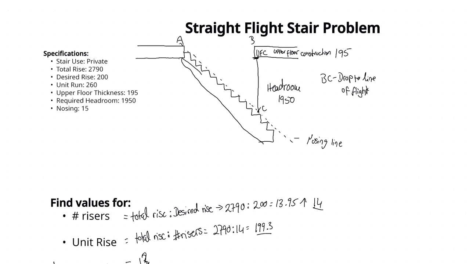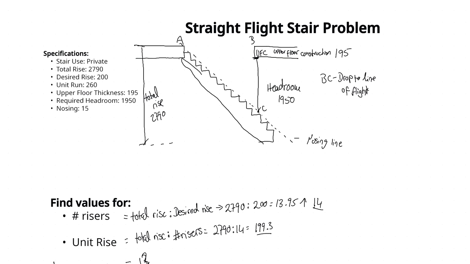And what I didn't draw in earlier, which I could have, is our total rise here of 2790. So you just draw yourself a picture and you put in everything you can. Because if you forget what you have to do to figure out various parts, by drawing the picture, you can greatly help yourself. And you might just figure it out.